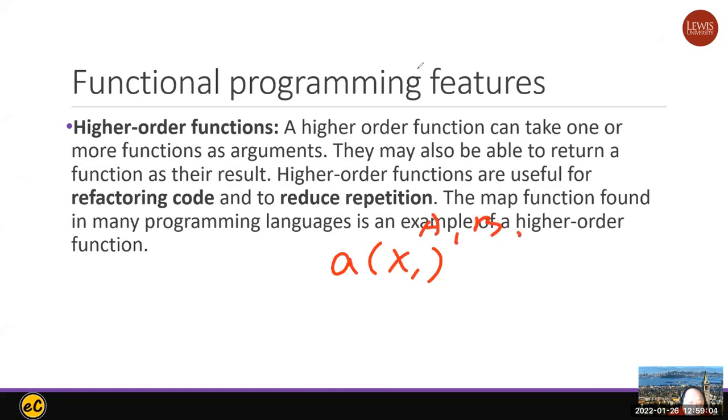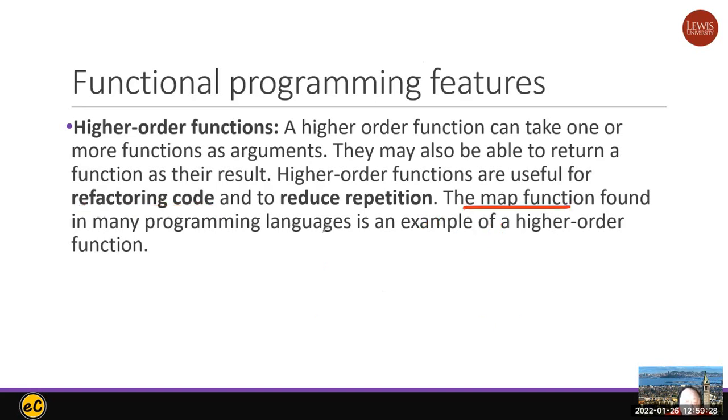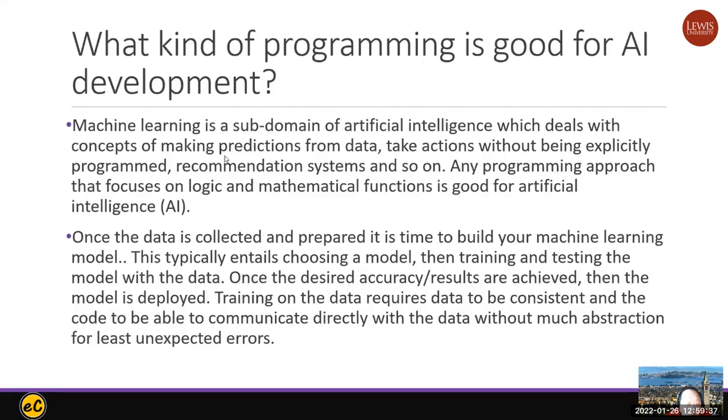Now you break it into multiply, accumulator AC of x and a, and then the so-called f function. It's a refactoring, and it means you can pass a function to the map function. Passing a function to another function is an example of higher order functions.